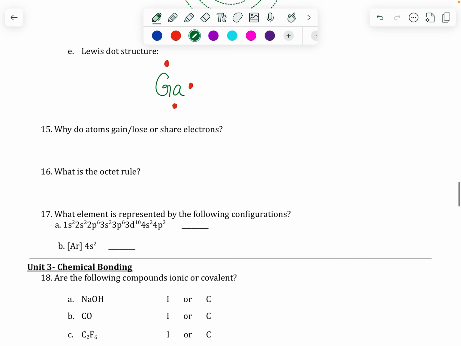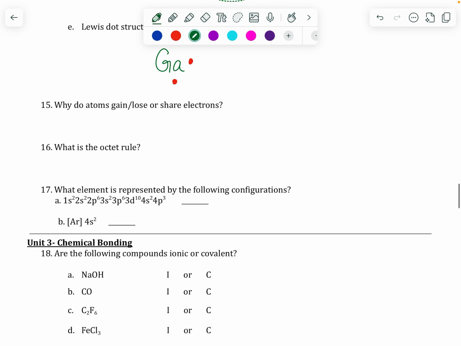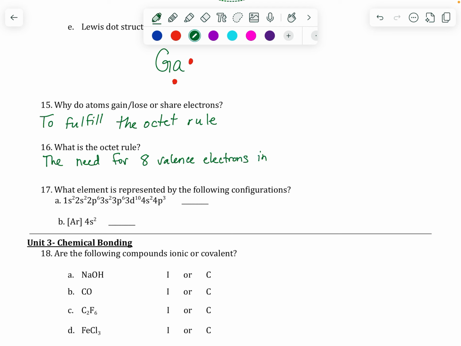Why do atoms gain or lose or share electrons? Of course, it is to fulfill the octet rule. And then, of course, what is the octet rule? It is the need for 8 valence electrons in the valence, and of course, again, valence means outermost shell.